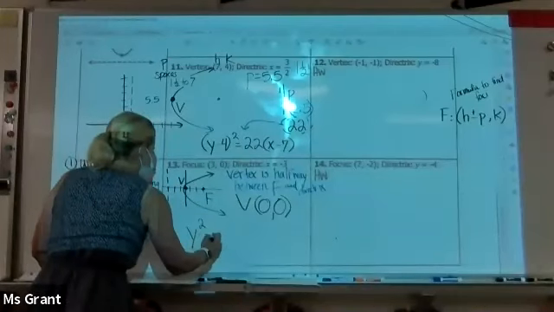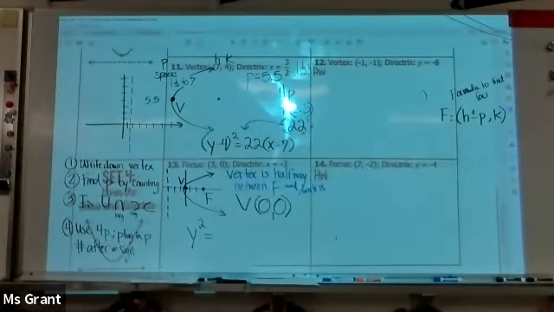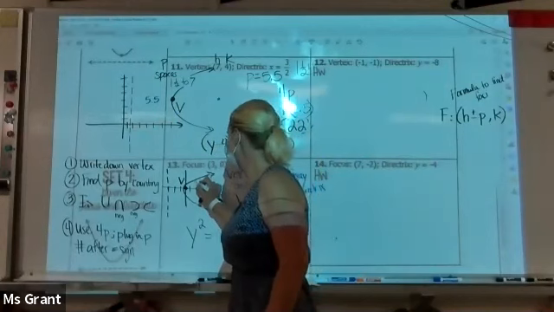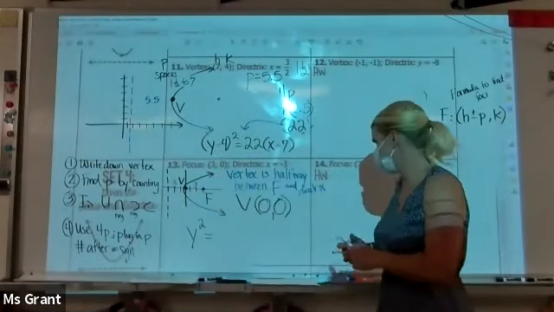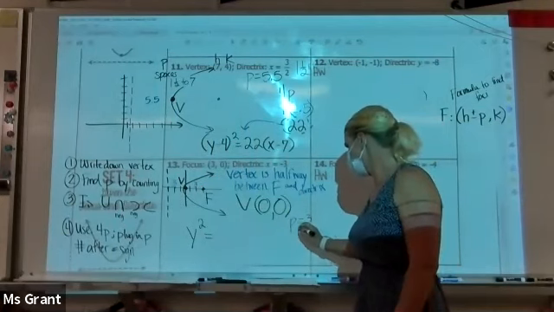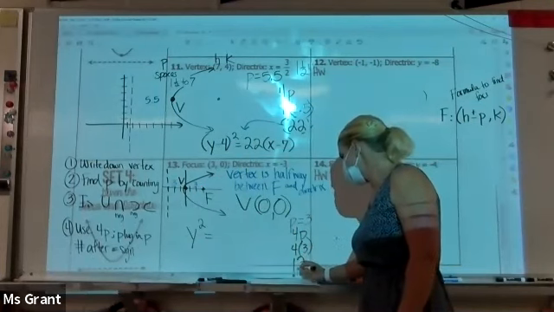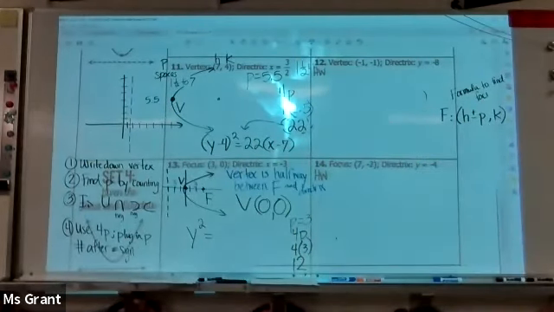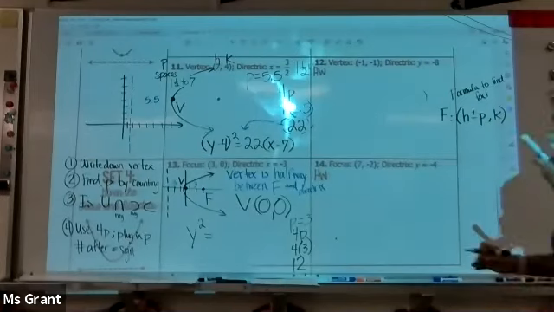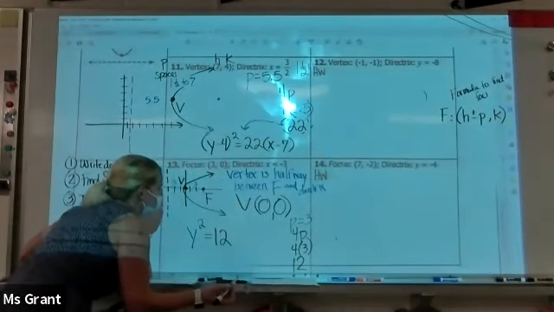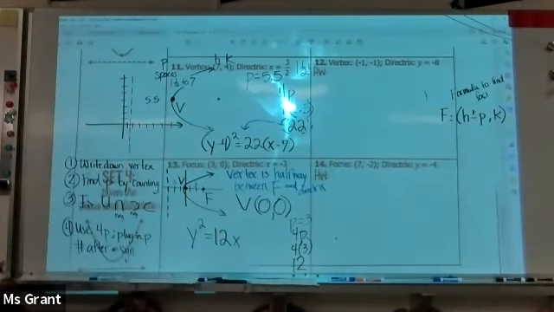There is no H, K. Oh, I don't know my P. Just by counting, the P is 3. 4P means 4 times 3, which is 12. 12 is the number after my equal sign. And there's no vertex, so it's just y squared, no parentheses.